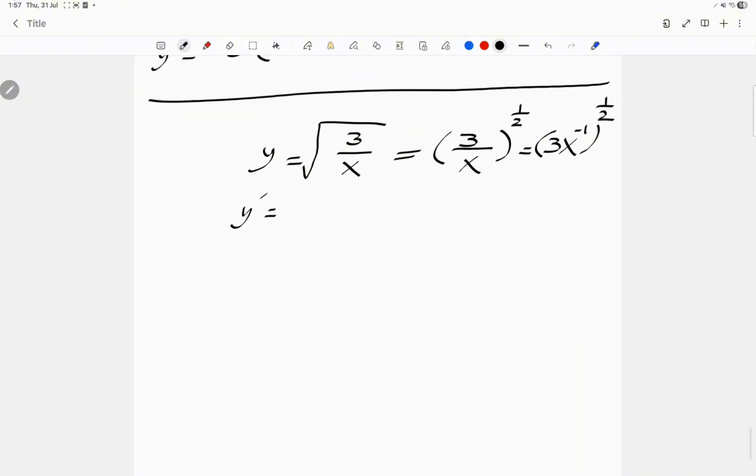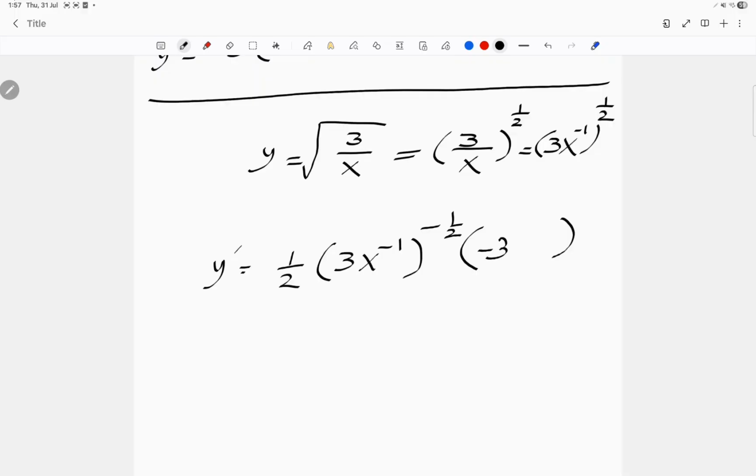So power rule first. Bring the half down. 3x to the power of minus 1, minus half, multiplied by the derivative of the inside. Negative 3x to the power of negative 2. Don't leave it like this.